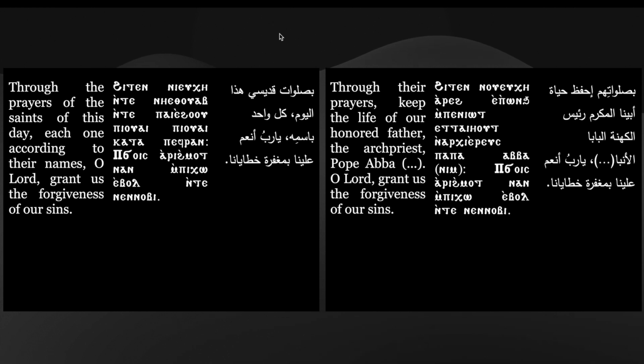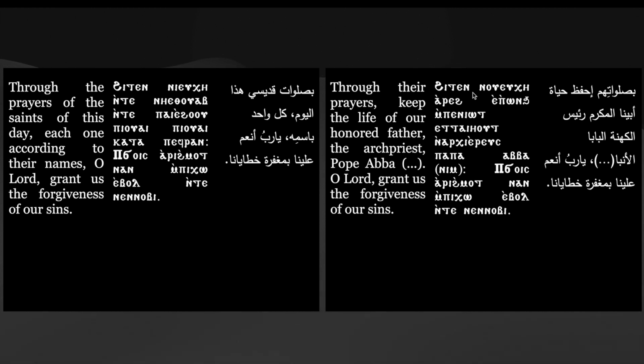So on this slide, we have the Hymn of the Intercessions. Here are two of the verses. Here we have Iten me if she, and me, you'll remember, is an article. Whereas over here, we have Hiten no if she.